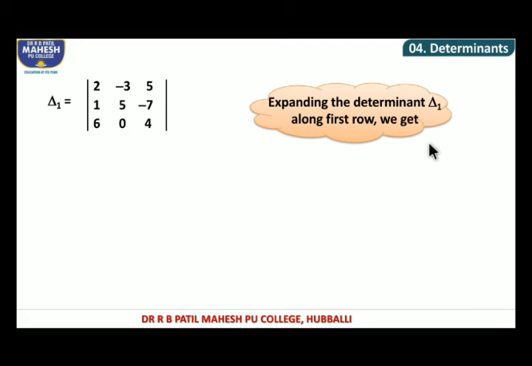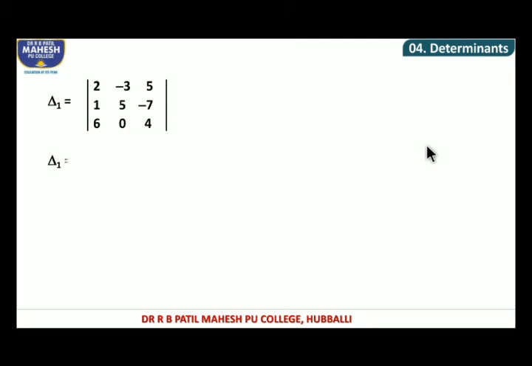Now expand the determinant delta 1 along the first row. The plus sign is there, so 2 into the determinant 5 minus 7 0 4.